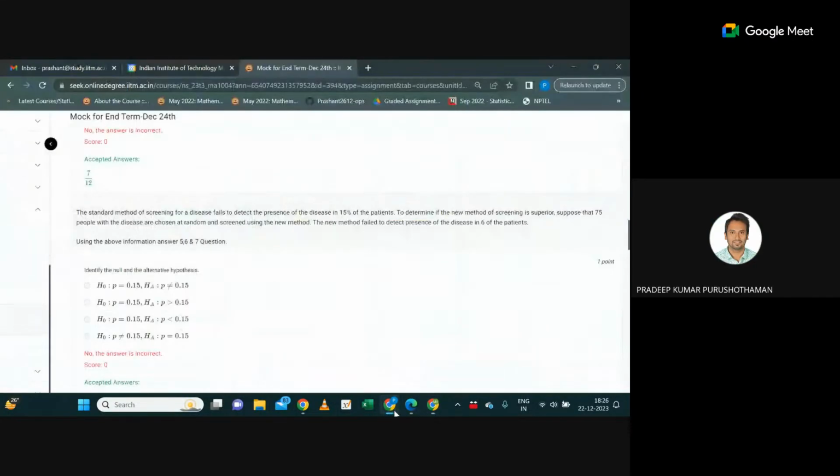The question says superior, right? Superior means it should detect much better. The null hypothesis says it fails to detect 15%, so superior means it should fail to detect less than 15%.